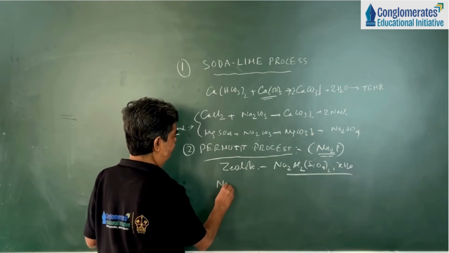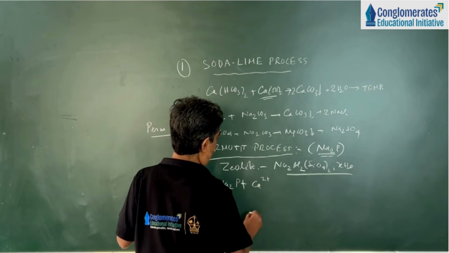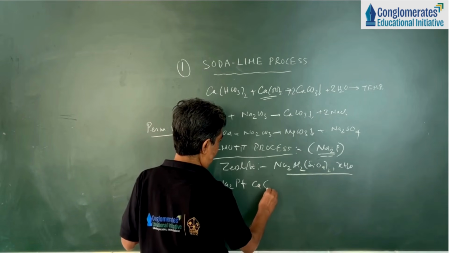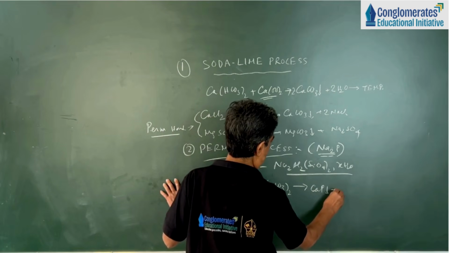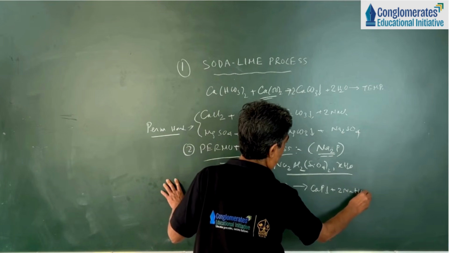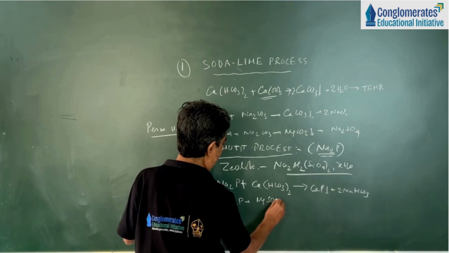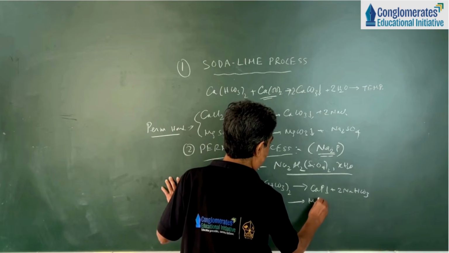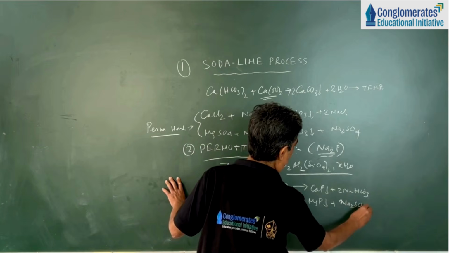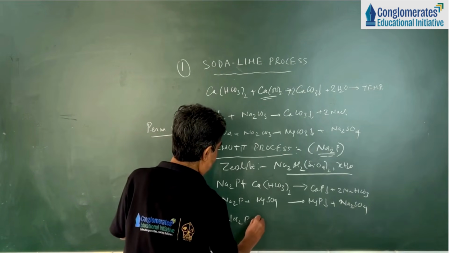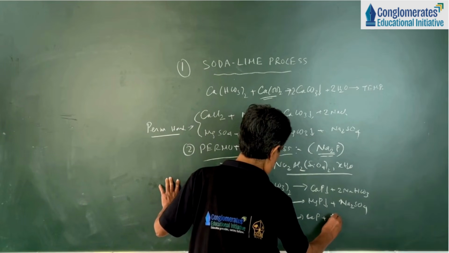Now, sodium permutit Na2P plus magnesium sulfate gives magnesium permutit plus Na2SO4, or sodium permutit plus calcium chloride gives calcium permutit plus twice NaCl.